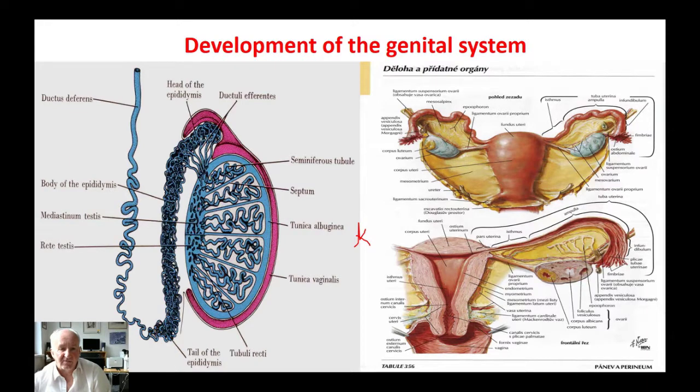The spermatozoa flow from the rete testis into the ductuli efferentes, and those 12 to 20 tubules in a human connect together, forming a very convoluted long duct here, the ductus epididymidis. The ductus epididymidis is partly in the head, but it is mainly in the body and in the tail of the epididymis.